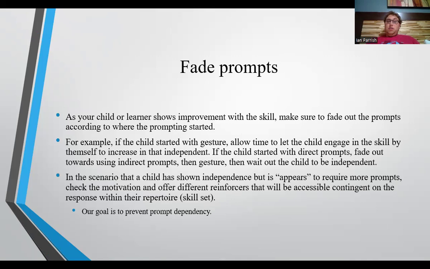So prompts are awesome. With that said, it is possible and unfortunately pretty common for a child or individual to be prompt dependent. So it's important that we fade the prompt. As your child learns and improves the skill, make sure as we fade these out, we follow the right hierarchy. So for example, let's say your child started with a gesture, they require a gesture.